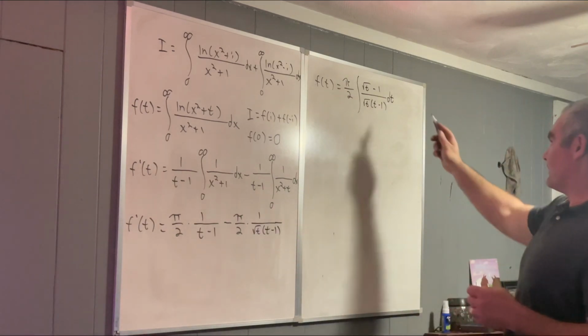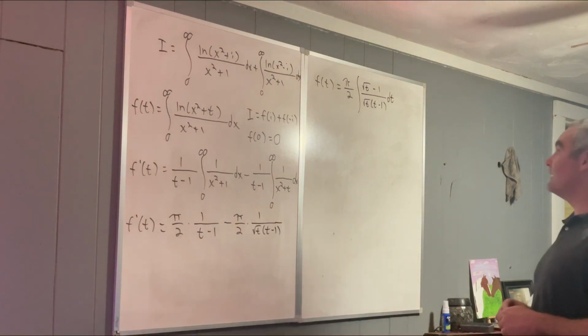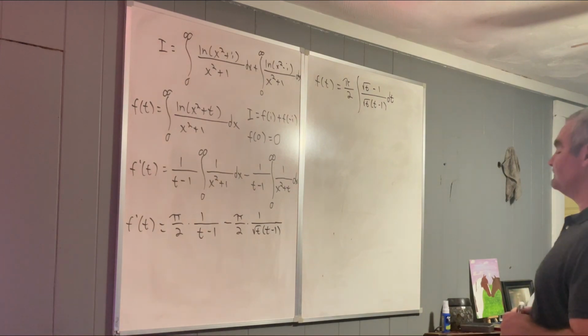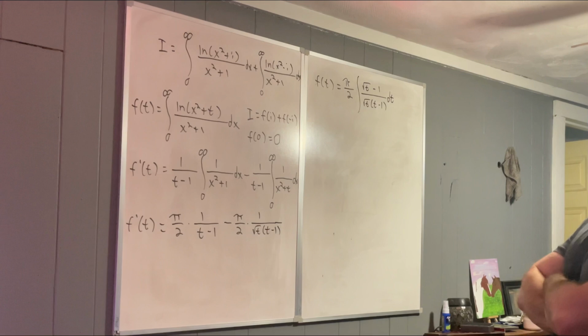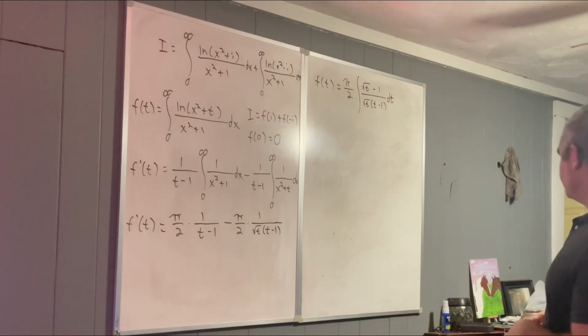And that integral looks crazy. It's actually not that bad to do, using the substitution that t is equal to sine squared theta. All right, let me make sure I have that right. We have the factor of pi over 2 factored out, and then we have square root of t over square root of t minus 1 over, yep, that's right.